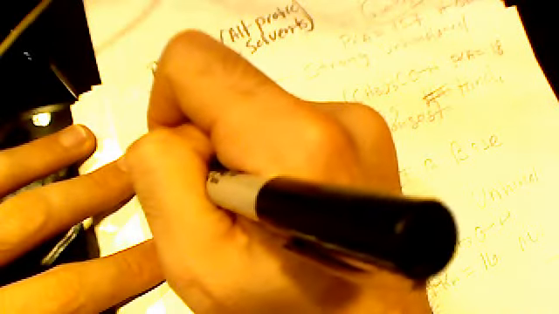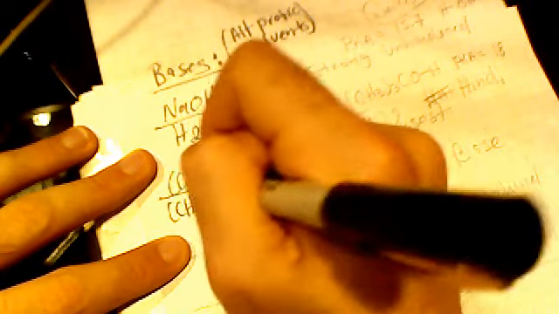They give us potassium terbutoxide and terbutanol. They give us ammonia, which is just a solvent. There's no base there. And then they give us sodium ethoxide and ethanol, right?